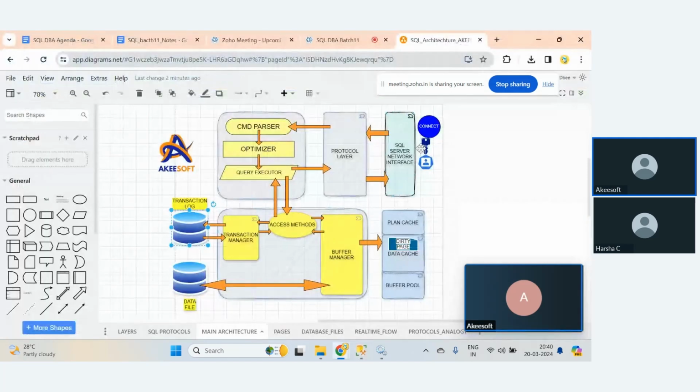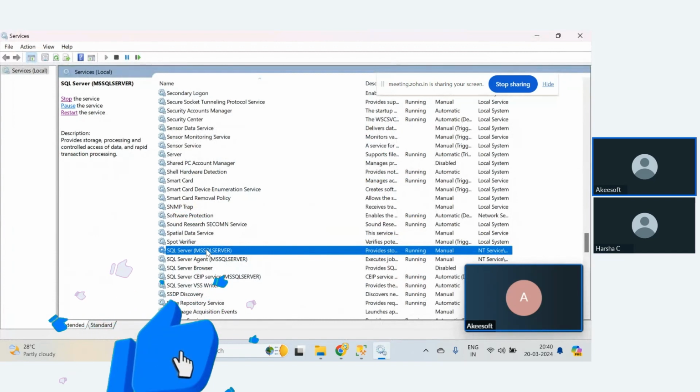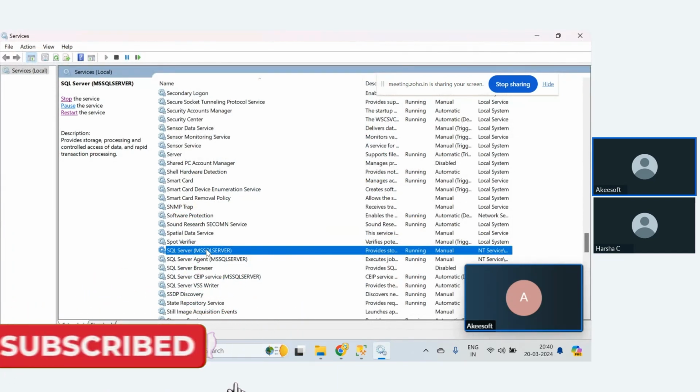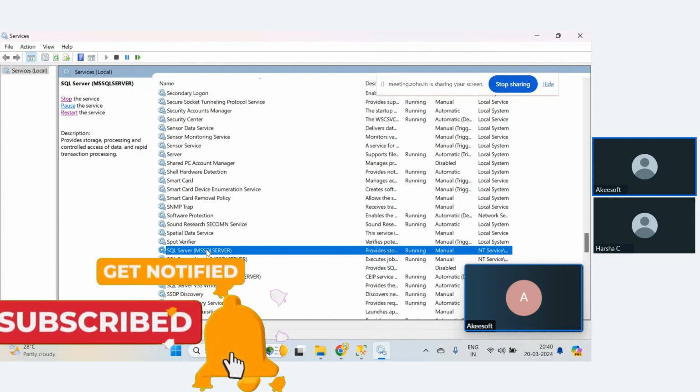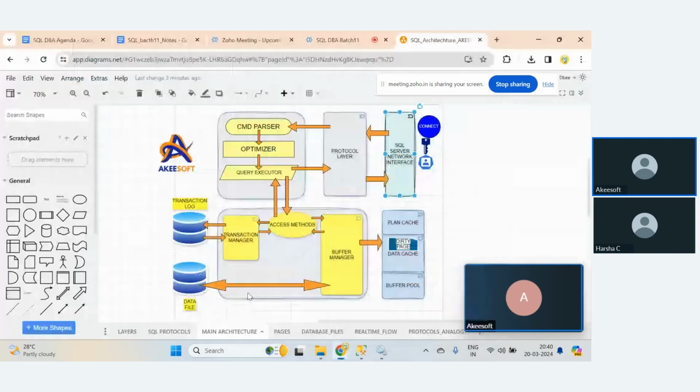The first thing we want to see is the SQL Server network interface. These services which are running will not directly allow you to connect to the database immediately. There is a layer which allows us to go to the next level by understanding the way you are connecting.